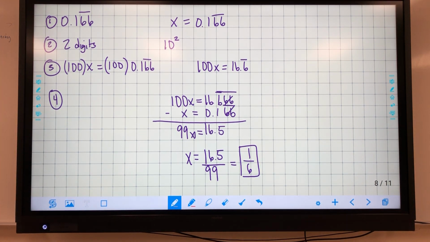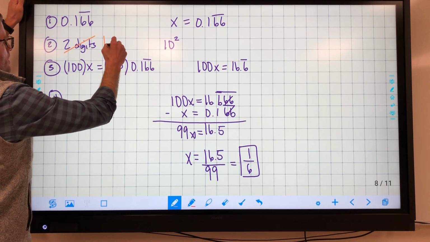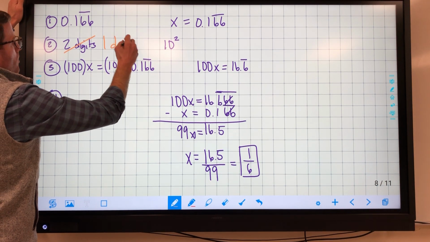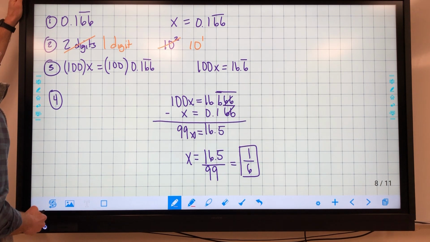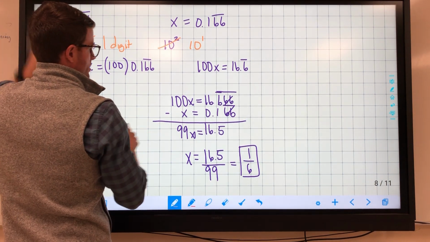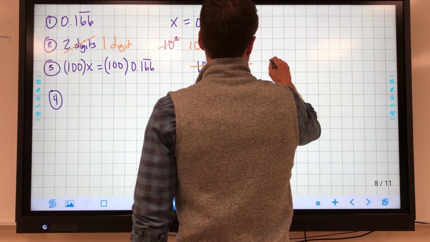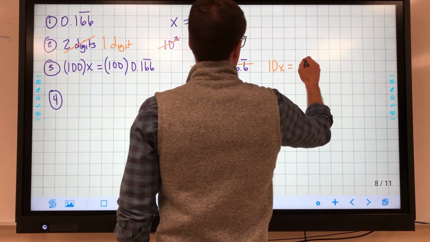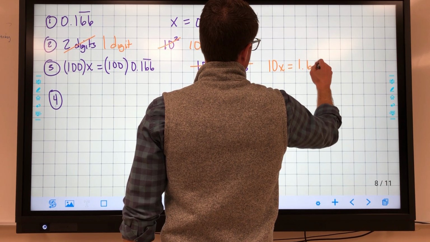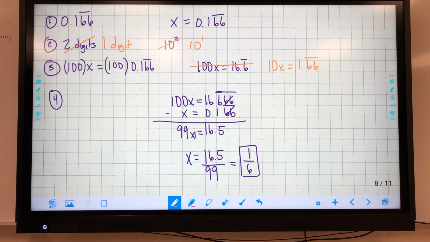I think it still works, but let's check that. So this should be 1 digit repeats. All right, so it should be 10 to the first. Okay, so my second equation should be not this, but 10x equals 1.66 repeating. Okay, so I just multiplied by 10 that time.